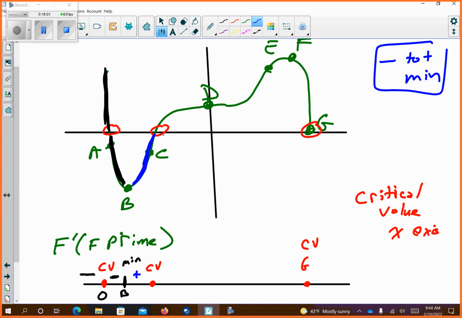Then we're going to continue after our C value, and it's going to be positive slope all the way up to point D. Okay, so it's positive in between the critical value and point D. Okay, point D, we will know it is a point of inflection.